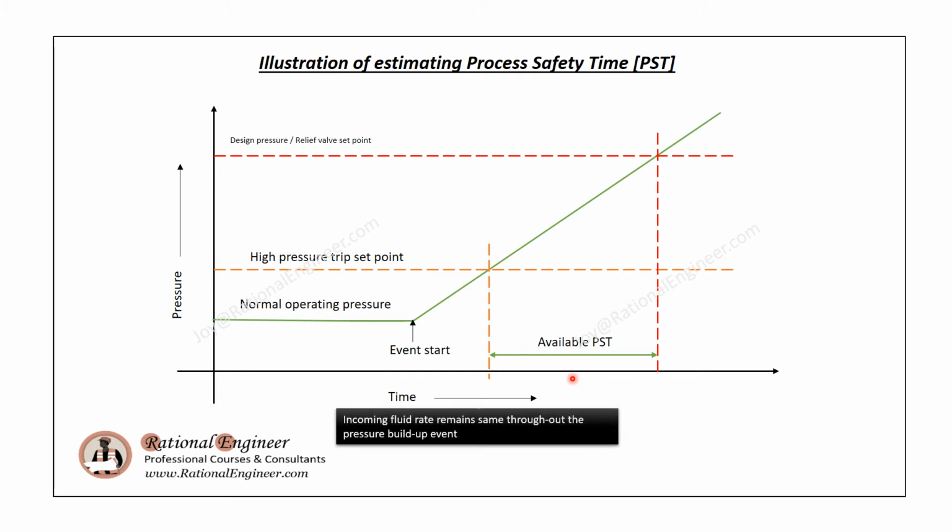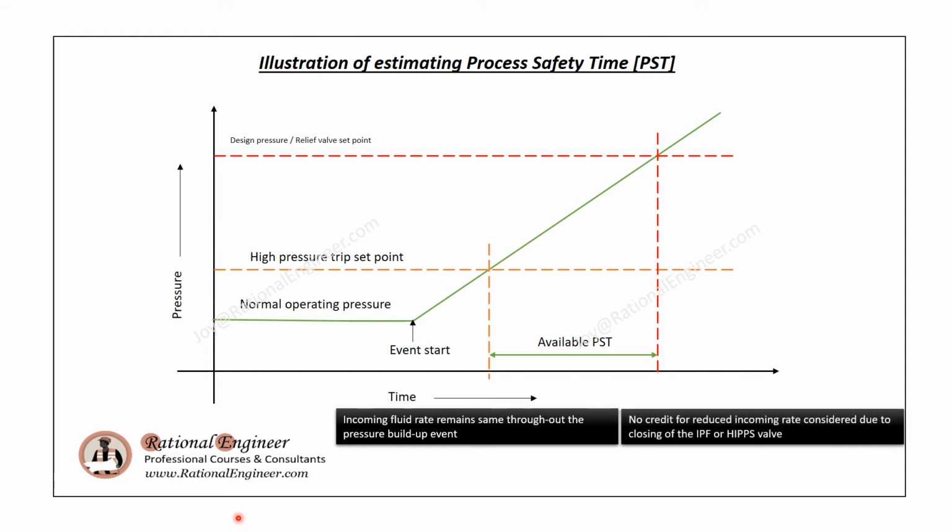The incoming fluid rate remains constant throughout the pressure buildup event. This is a conservative basis, since as the pressure starts building up, the upstream source flow rate will potentially reduce. However, for the purpose of this manual calculation, we will assume a constant rate throughout the event.